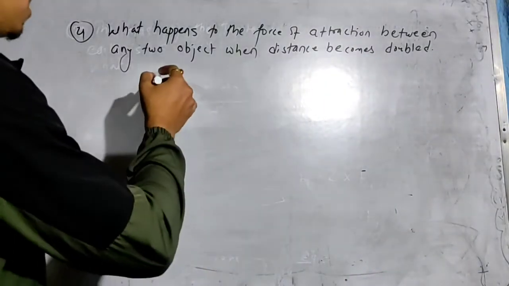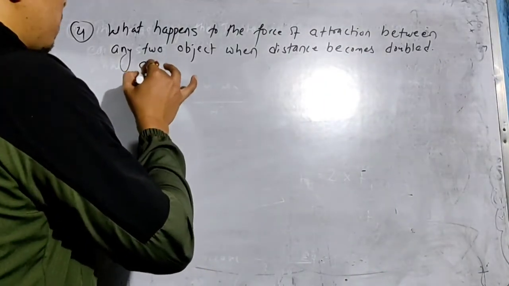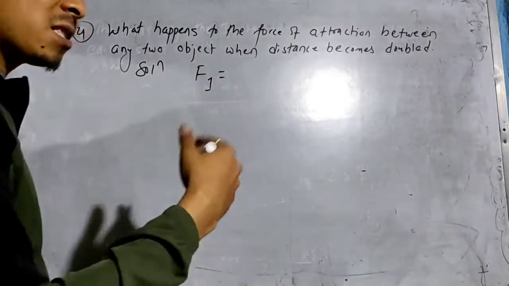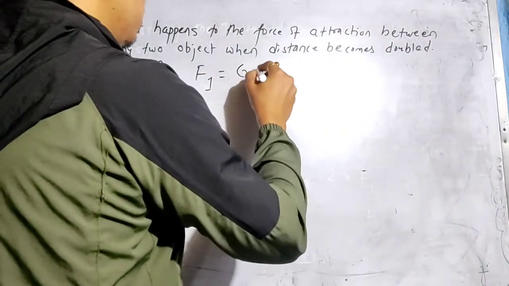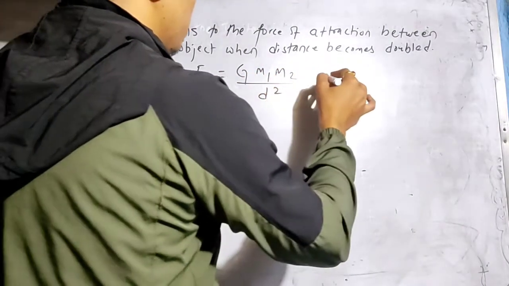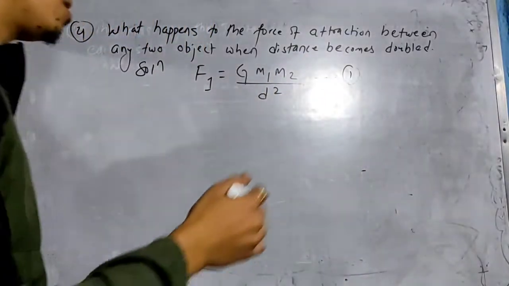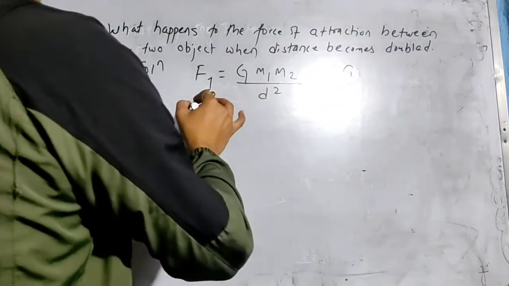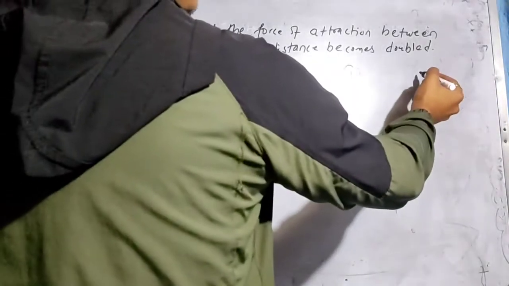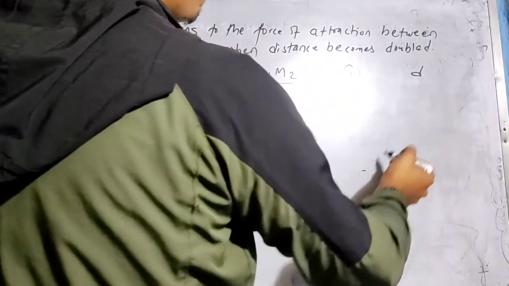Let's say like initial condition, as usual we have to write like this: F1 is equal to, when there was no change, G m1 m2 by d square. When distance becomes double, now we have to write F2 is equal to, okay, initial distance was d, now it becomes double.